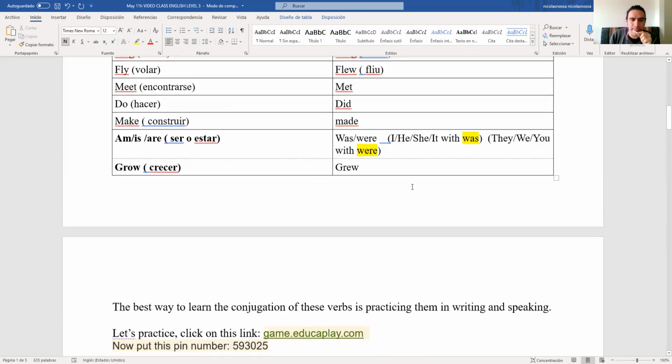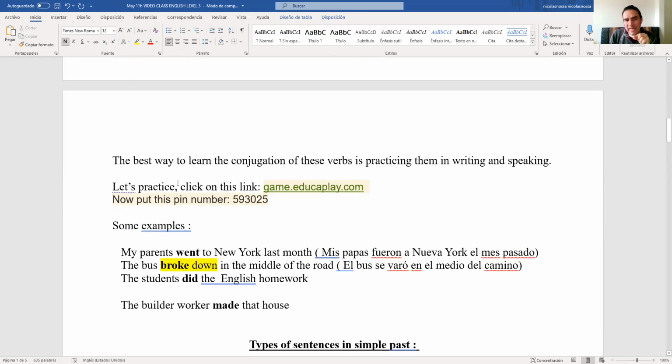Entonces vamos a hacer una pequeña actividad, la primera, relacionada con los verbos. ¿Listo? Vamos a aprender cómo se escriben primero y luego vamos a ver cómo se pronuncian, como hicimos con los irregulares. So guys, you have to click here, ¿no? Le dan click here on this link, game.educaplay.com.